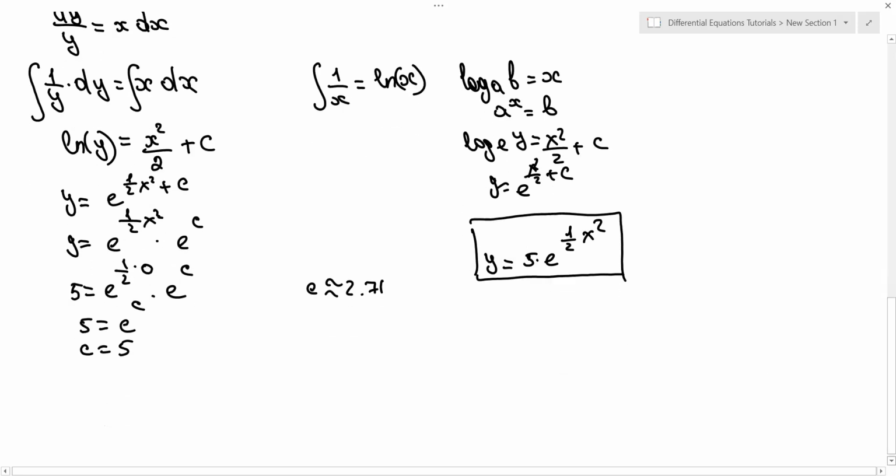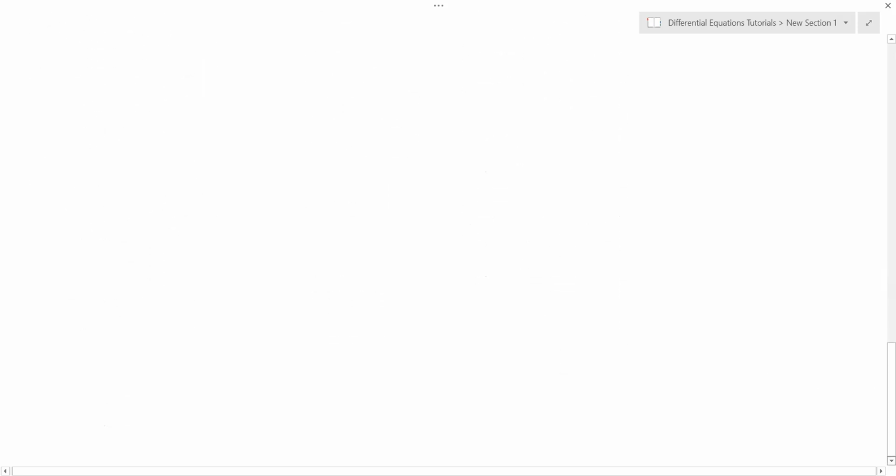Let's look at the third example in this equation, and we will finish this separation of variables. Again, we are given dy over dx is equal to y squared plus 1.